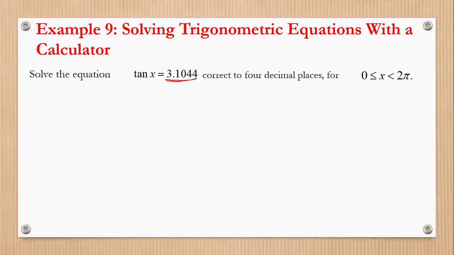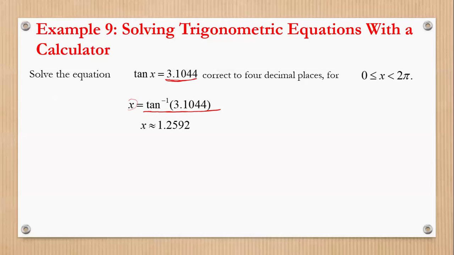And if you want to use the calculator, the function that you are going to use is the tangent inverse key. So you are going to type this number into the calculator because you are looking for an angle whose tangent is 3.1044. You use the tangent inverse key and you get 1.2592 for the answer.